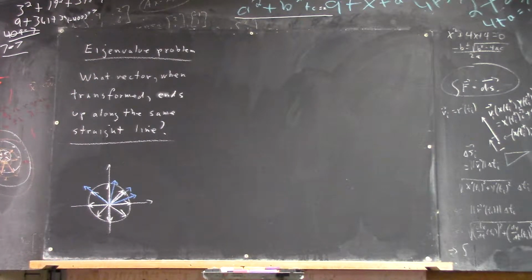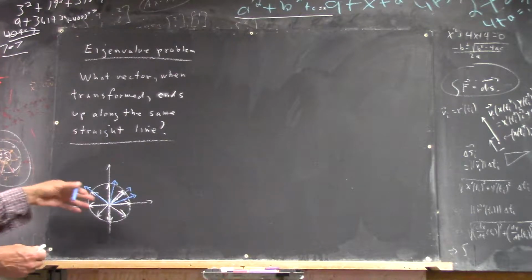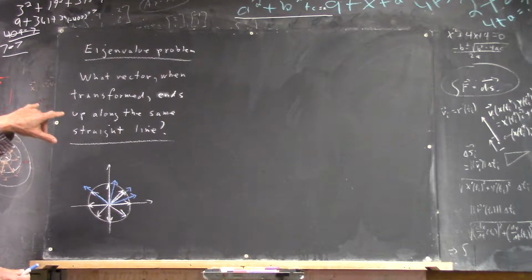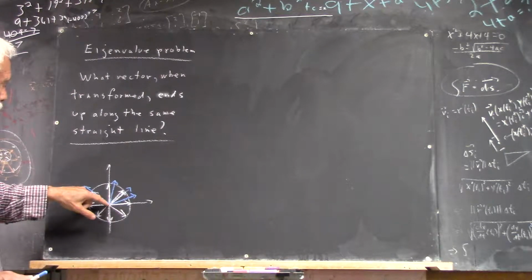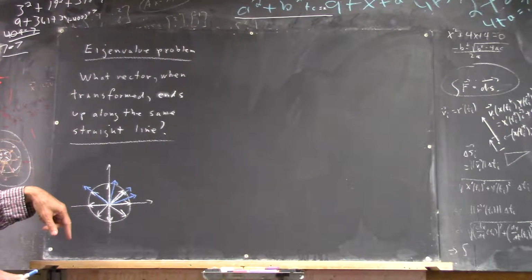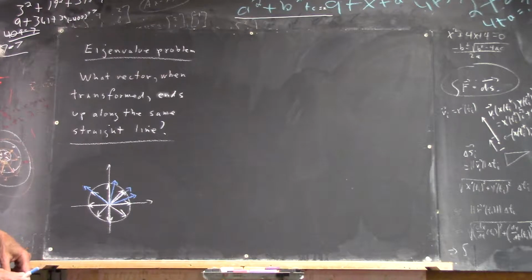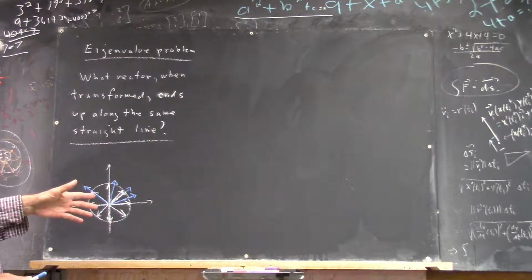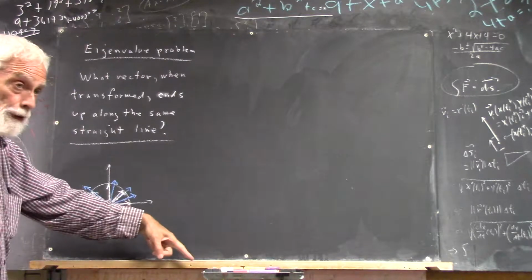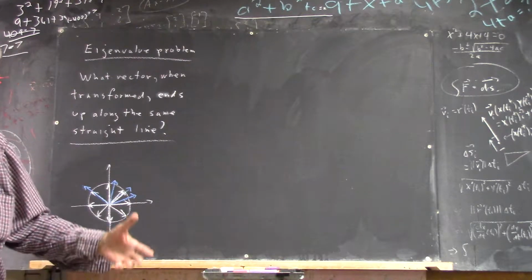Whether that makes sense to you visually or not, don't worry about it. I didn't draw this as clearly as I'd like, but I want to establish the idea that we're looking for vectors that go to vectors in the same direction. Or at least along the same line. It could be that some of the vectors, like this vector, go to a vector in that line. Okay, that would still satisfy.